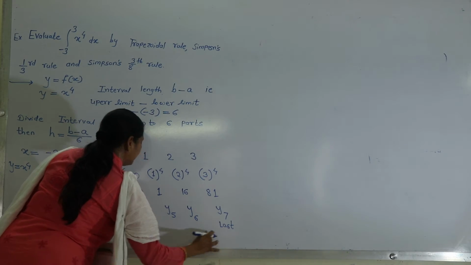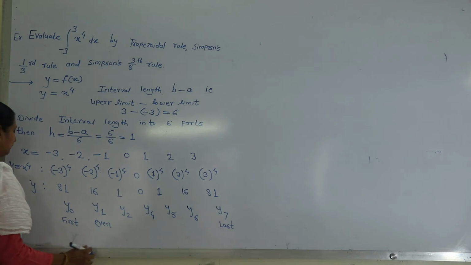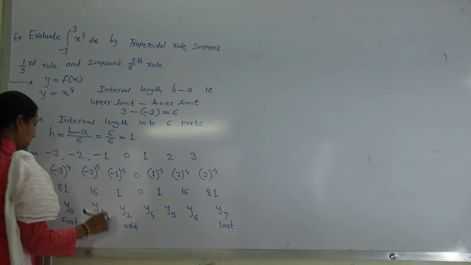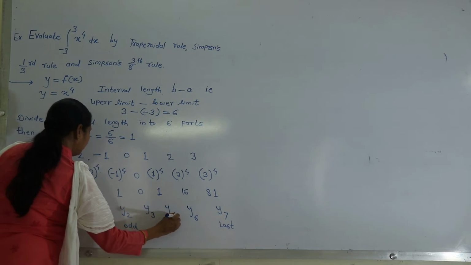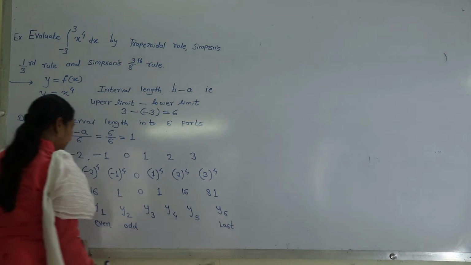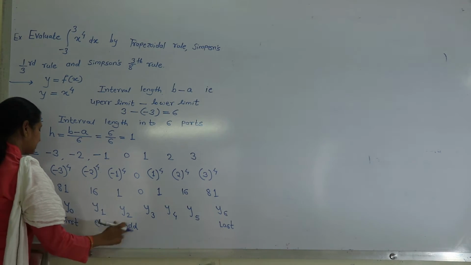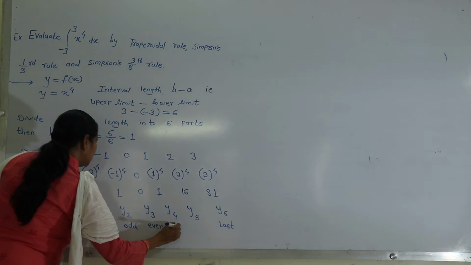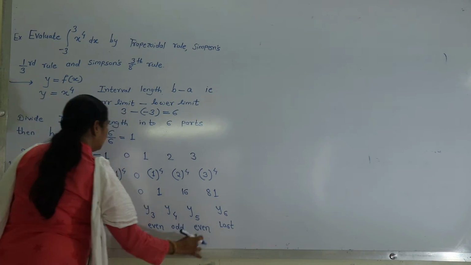First and last ordinates. y1 is at the place of an even ordinate. y2 is at the place of odd, y3 even, y4 odd, y5 even. y0 is first, y1 is at the place of even, y2 at the place of odd, y3 at the place of even, y4 at the place of odd, and y5 at the place of even ordinate.